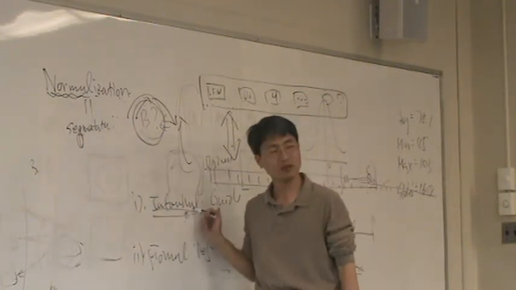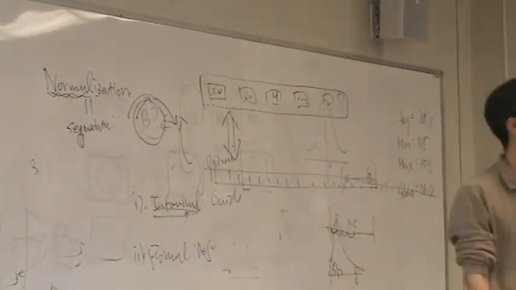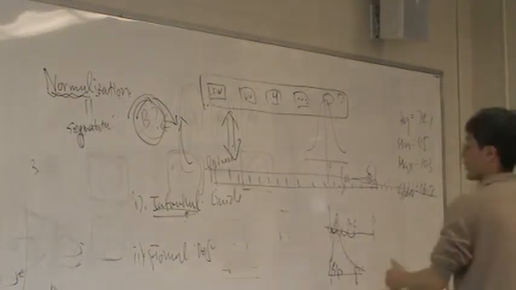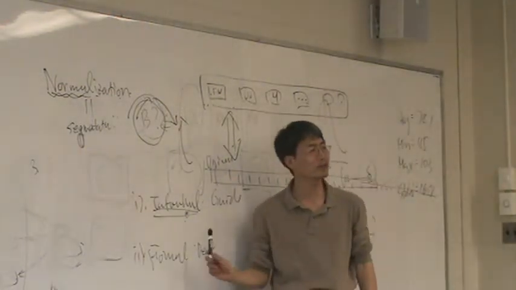What does that mean? Formal means mathematics, and informal means non-mathematics, in English.